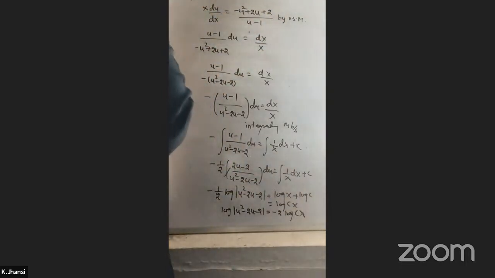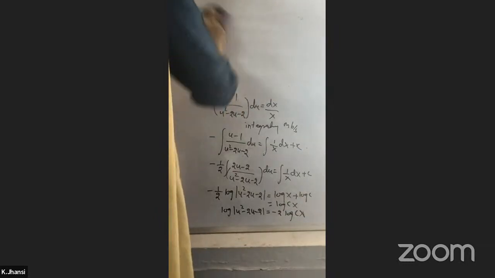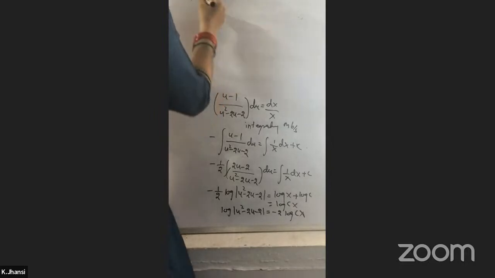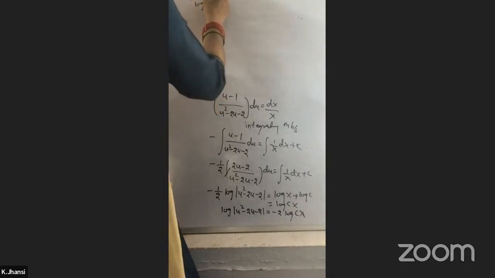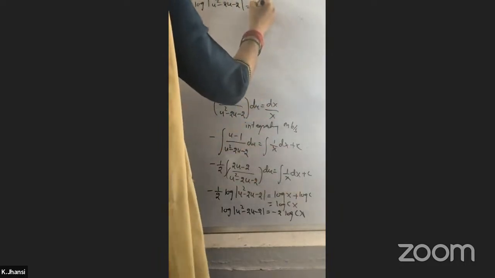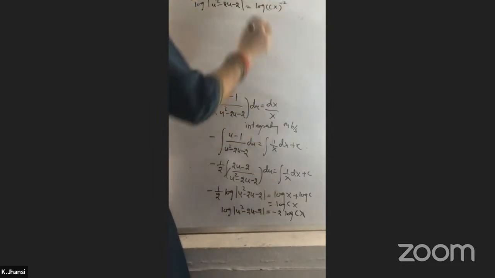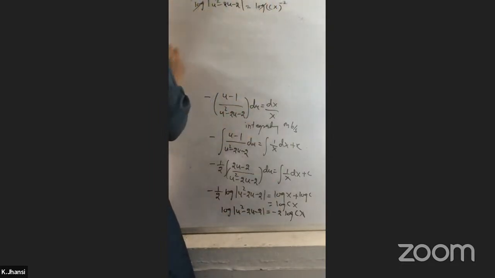So what is remaining? This log of u square minus 2u minus 2 is equals to, you can write it as, log Cx to the power of minus 2. Okay. So now this log and log both will get cancelled.